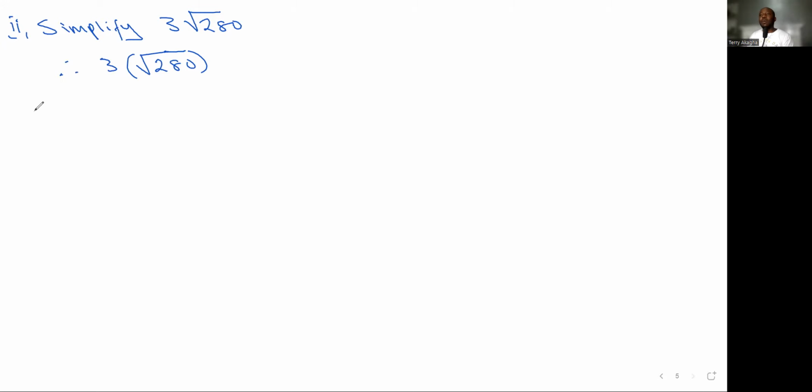So I'm going to start with step 1. So we have root 280 now, and we pick any number. What can divide 280? You might want to say 10. So 10 will divide 280 and we're going to be left with 28.